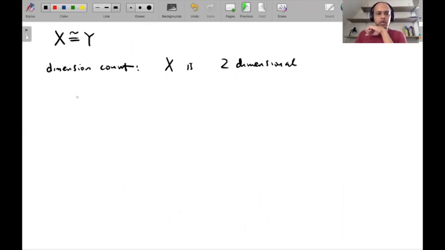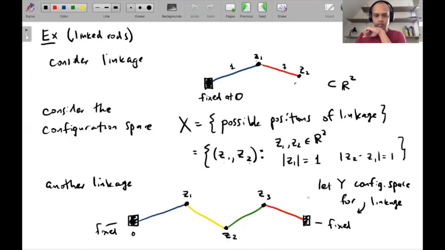And, well, let's think about Y. So the equations that define Y, maybe I'll call this point here P. Z1 has to be distance 1 from the origin. Z2 minus Z1, that distance is 1. Z3 minus Z2, that distance is 1. And then P minus Z3, that distance is 1. So there's 4 equations.